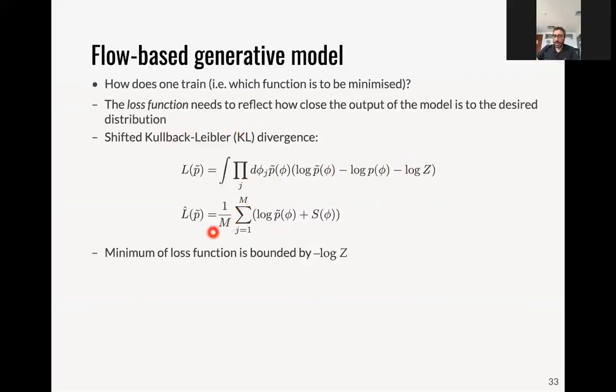Indeed, what you want is to not compute the logarithm of Z. So basically, you need to define a loss function for which you don't know how small it can get. The minimum of this loss function that you defined here, which is basically the logarithm of your p tilde, which you can compute, and the action, which you can also compute, is minus log Z, which in general is not something that you know a priori, right?